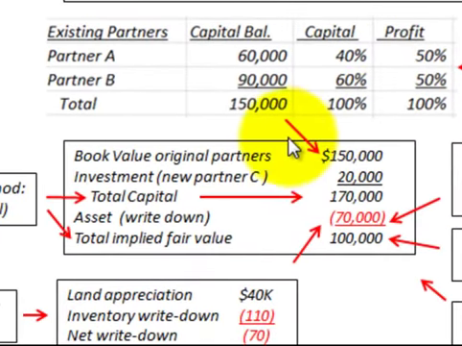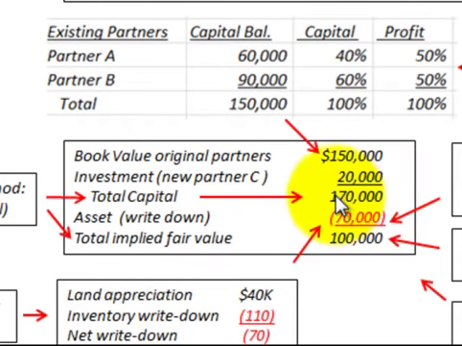So let's go down and look at our example. The book value of the original partners is $150,000, and then the new partner makes an investment of $20,000. So the total capital investment is going to be $170,000 for the new partnership. And what we're going to do is calculate the total implied fair value of the partnership to be $100,000, and then we have a difference we have to account for.